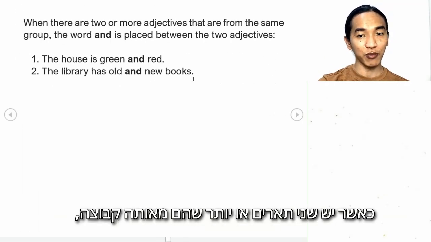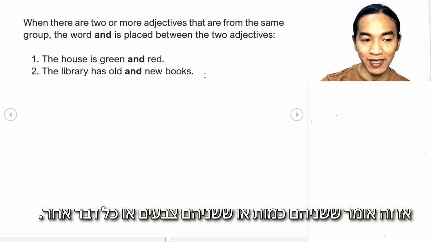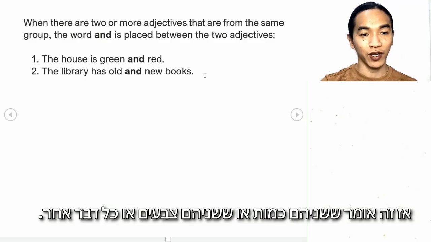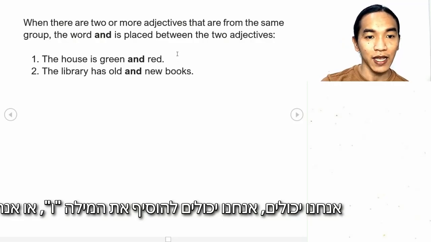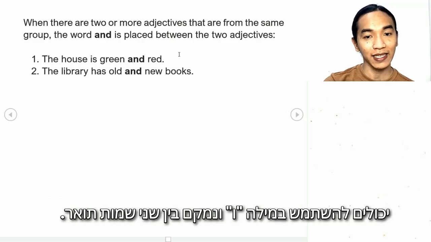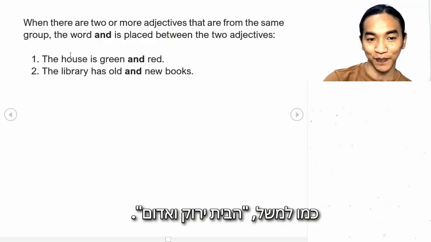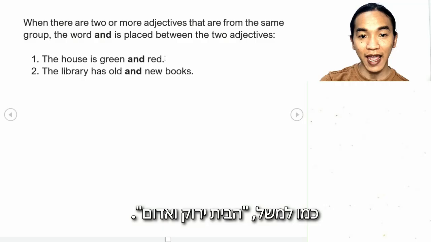When there are two or more adjectives from the same group, okay, so it means they are both quantity or they are both colors or whatsoever, we can add the word and between the two adjectives. Okay, like for example, the house is green and red.